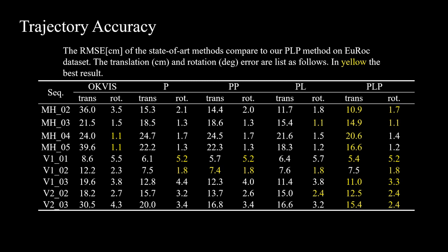And our method is denoted as PLP, which uses points, lines, and co-planarity constraints. We choose absolute pose error as the main evaluation metric. We can observe that our PLP method performs best in almost all sequences.